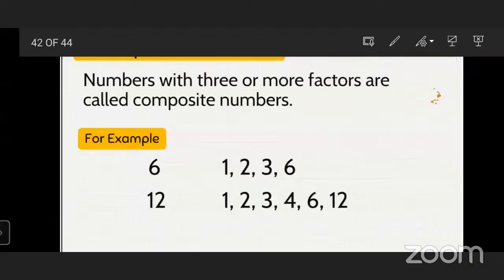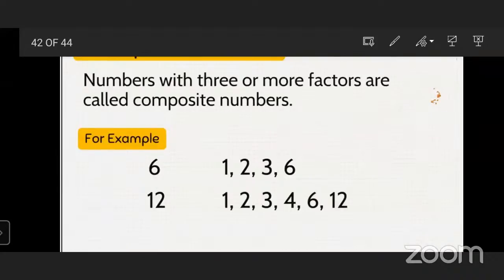14. Okay. Tell me the factors. 7, 2 and 1 and itself. Very good. 1, 2, 7 and 14. These are factors of 14. So that's why 14 is a composite number. 15 is divisible by itself and 5 and 1.